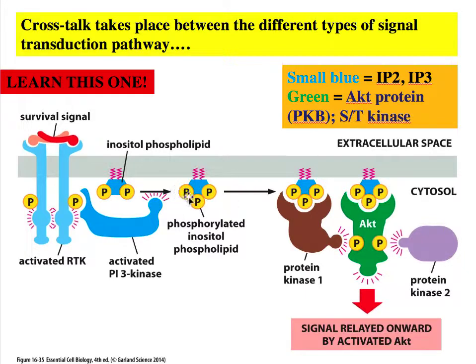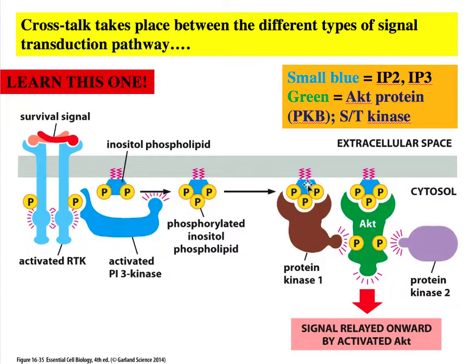Once IP3 is generated for the first time, its shape is now compatible with protein kinase 1, the brown protein. Once that binds, it gets activated. Since it's a kinase, it looks for its target in the vicinity. Normally that target is wandering deep inside the cytosol of the cell. However, AKT, the green molecule, also binds to other molecules of IP3.